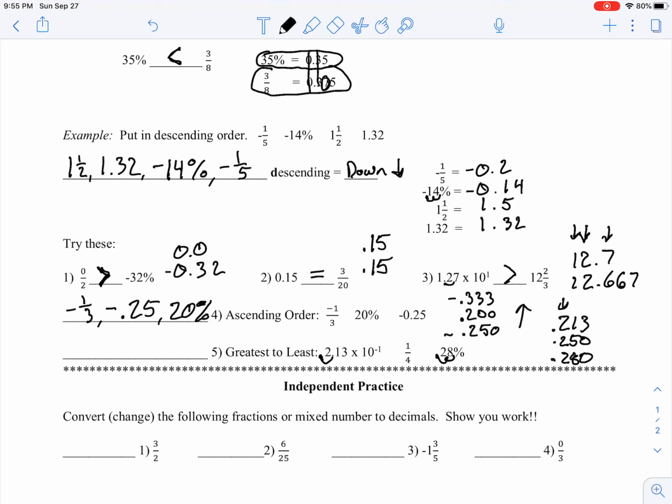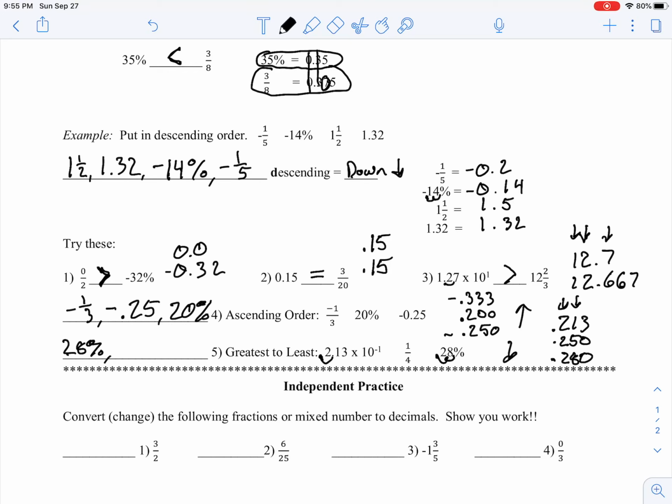Well, we have 2s are all the same there, and in our next column, 8 is going to be the biggest. Sorry, greatest to least, yep, so we are going down. So the 8 is the biggest, so that 28% will come first.